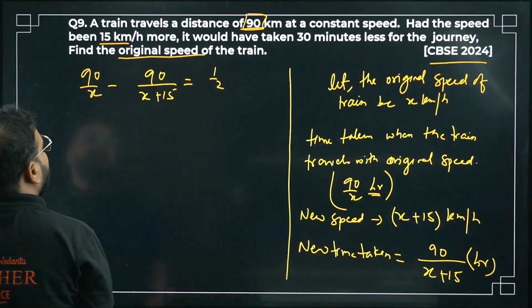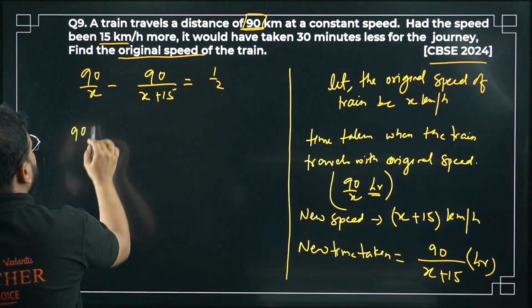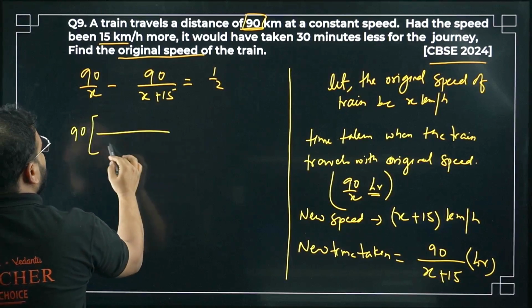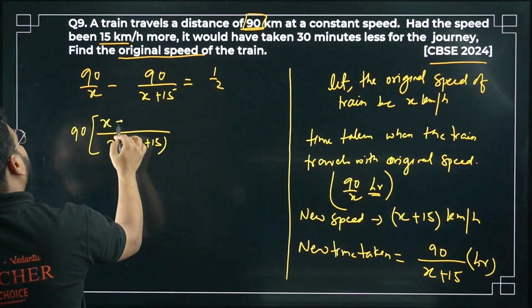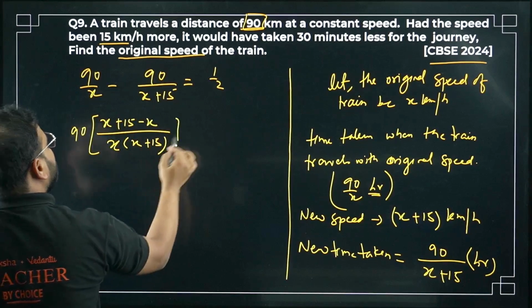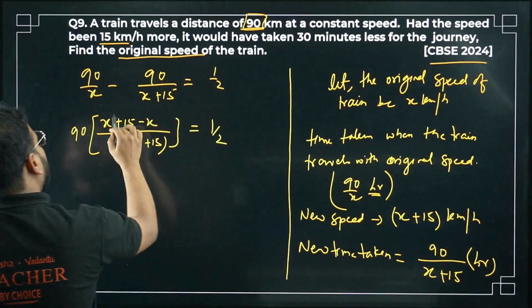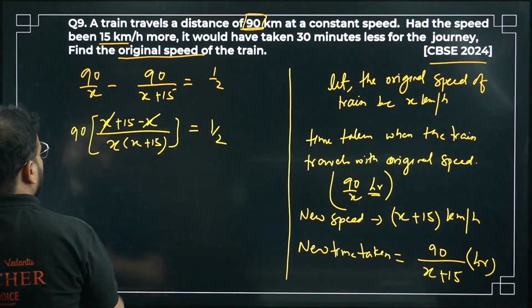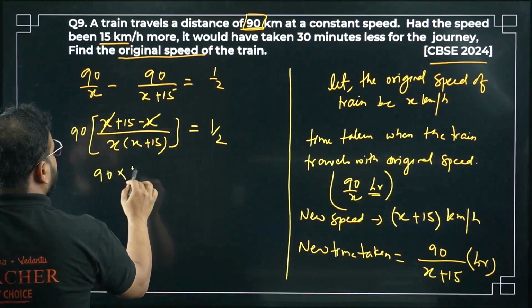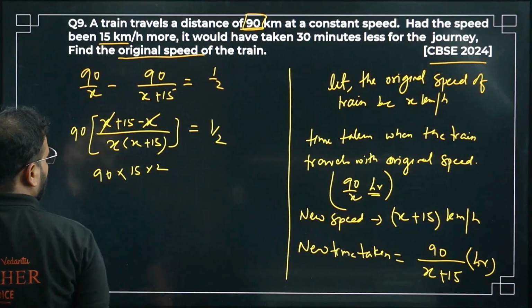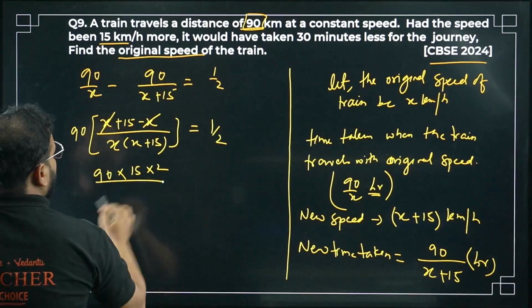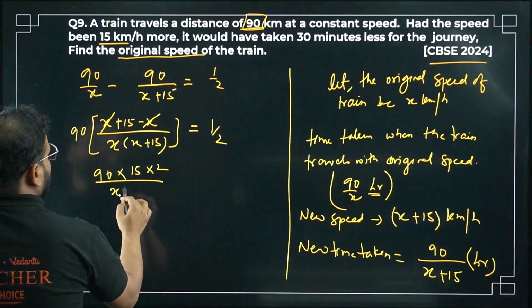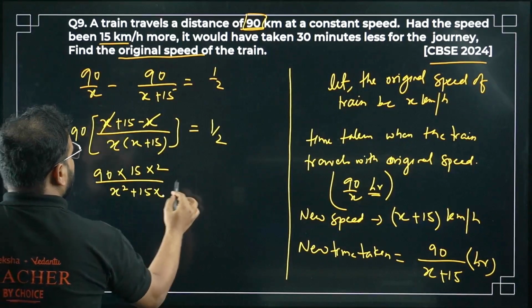Okay. So I can just take the LCM over here. Let's take 90 common. The LCM will be x times of x plus 15. It will become x plus 15 minus x equals 1 by 2. x and x go out. What I'm getting is 90 times 15 into 2, divided by x square plus 15x, equals 1.